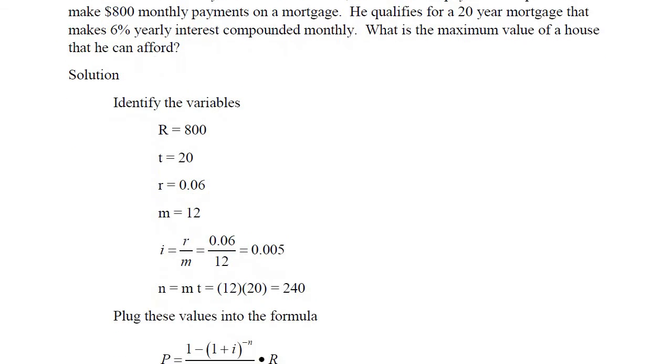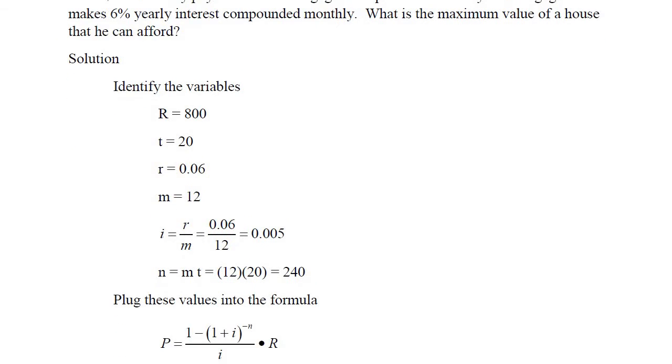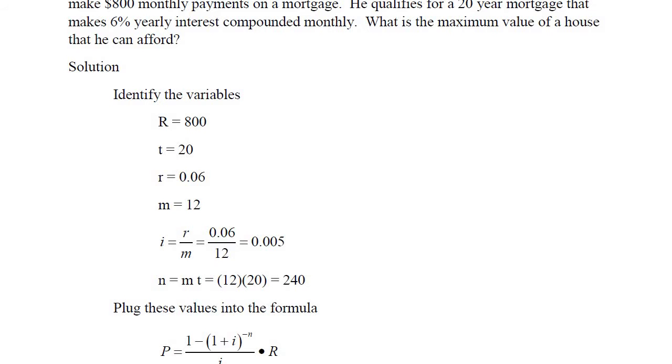So here we have some variables. R is the monthly payment, that's $800. This is going to be for 20 years, and the interest rate was 6%, so little r is 0.06. And the payments are monthly payments, so m is equal to 12.